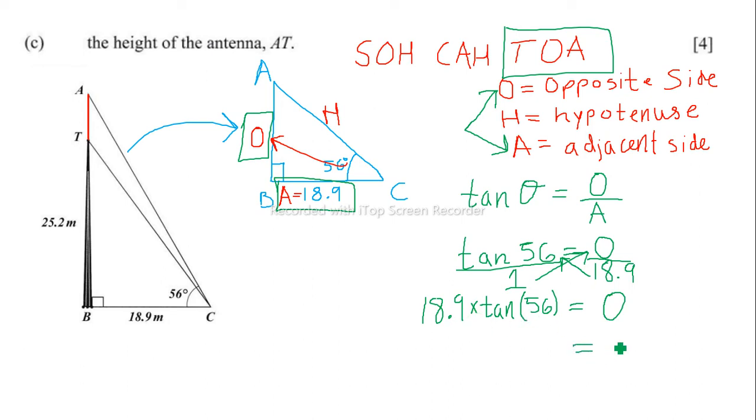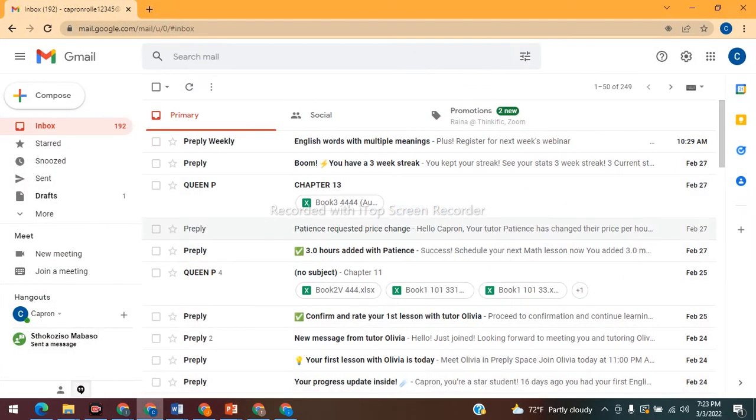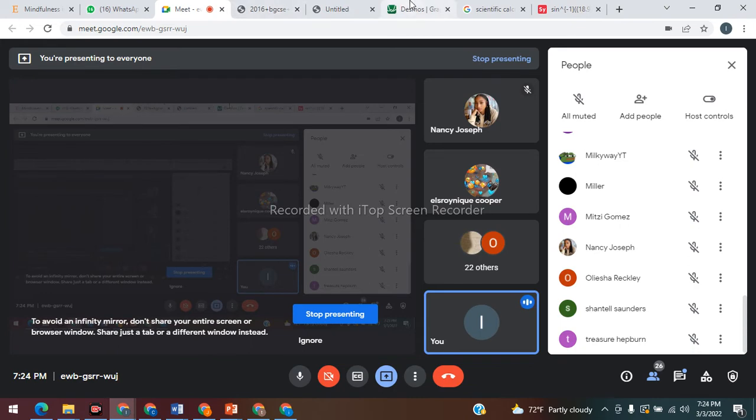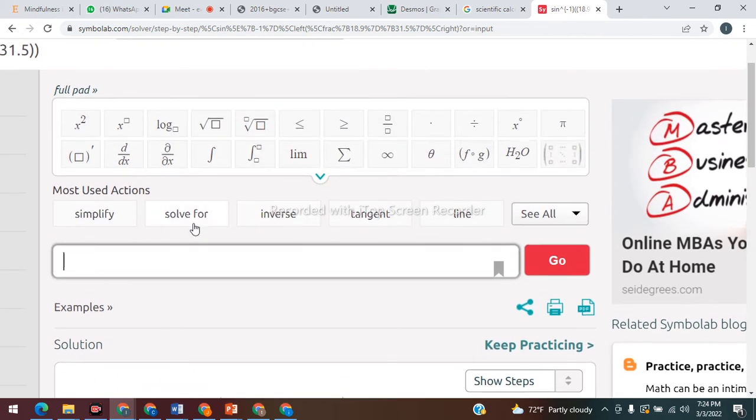What is that? Here you have to use the calculator. 18.9 multiplied by tan of 56.